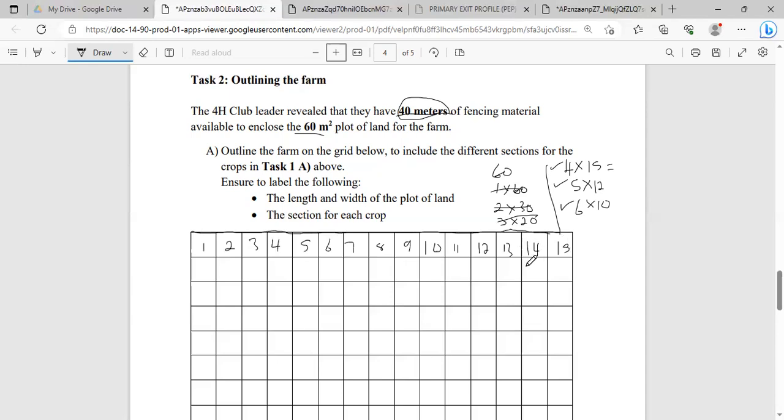And then it's 4 by 15, so we're gonna go down by 4. 1, 2, 3, 4. And this would give us an area of 60, and also the perimeter does not exceed 40.